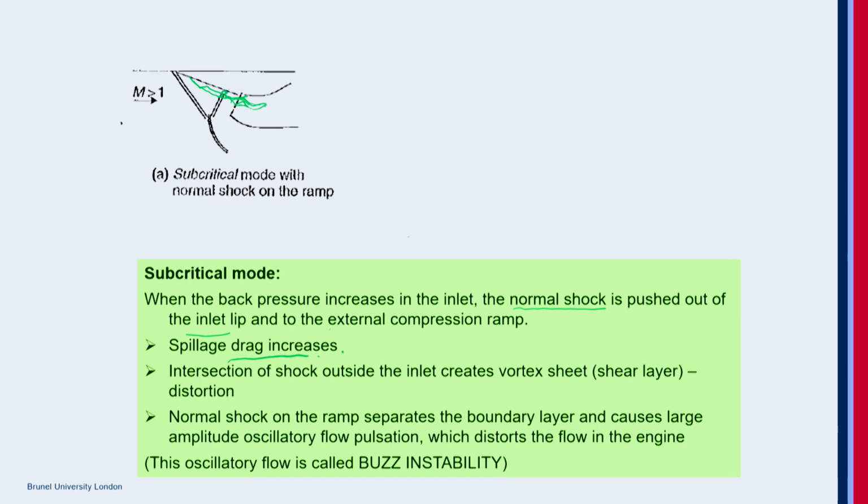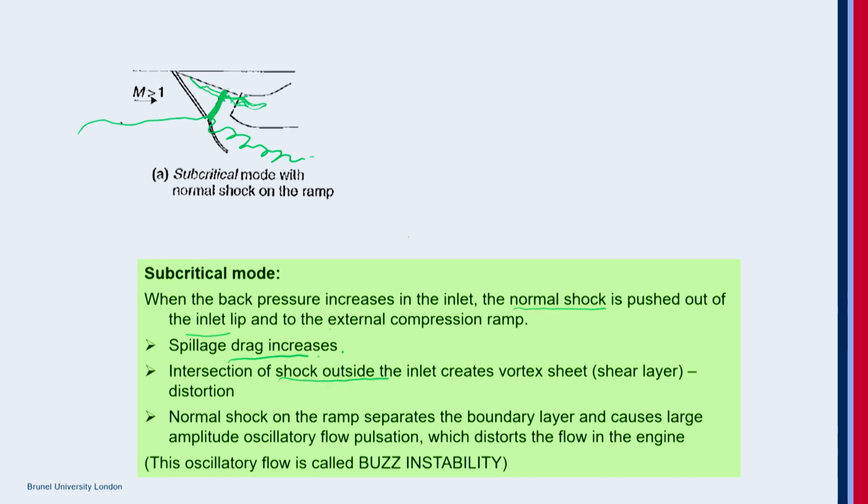Also, because the normal shock is now on the compression ramp, it affects the flow here, and so you get formation of vortex structures in the flow that is encountering the normal shock.